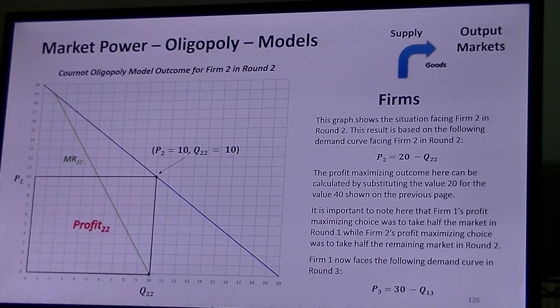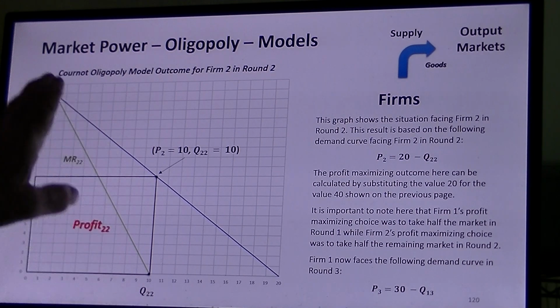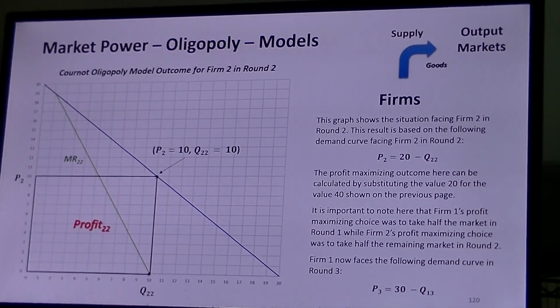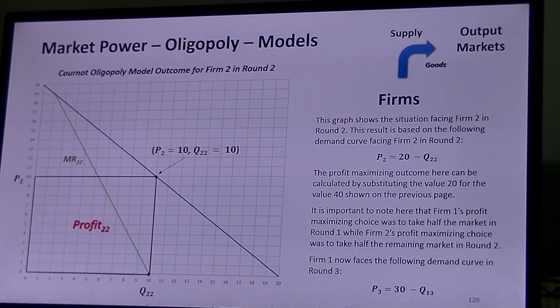And in this game, now the firm, instead of dropping its price immediately in order to keep its market, considers, as its profit maximizing choice, the entire remaining market, which is the 30 units.